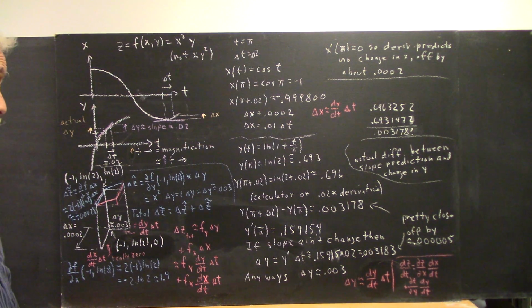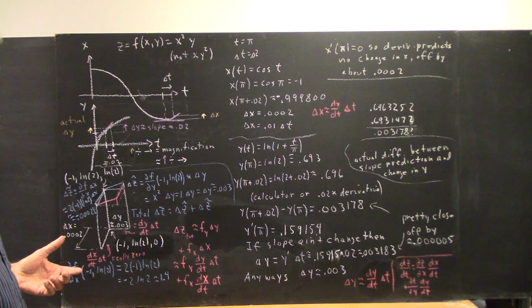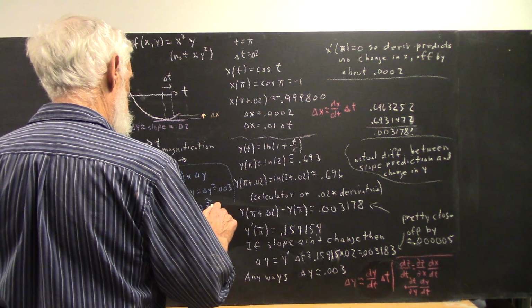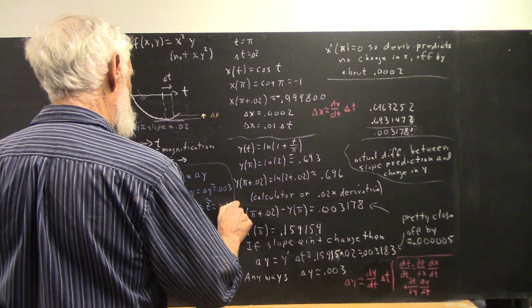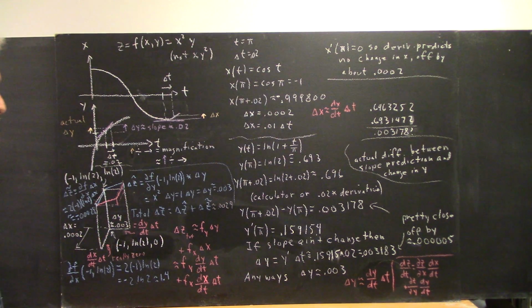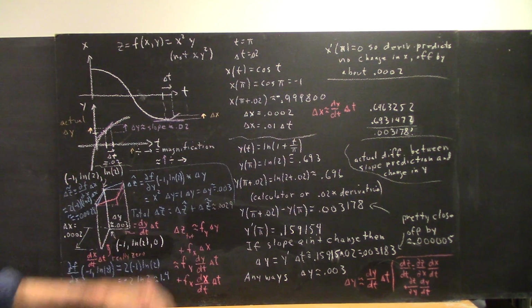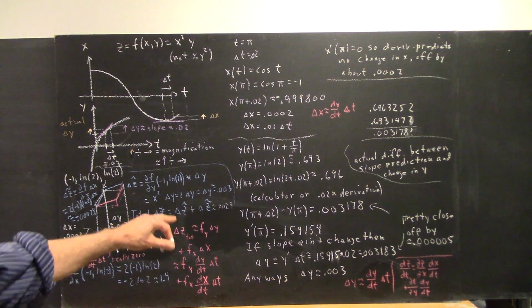We end up with a change of approximately 0.00, it'll actually be about 0.0029 if we do this all to the appropriate accuracy. Now we want to look at uncertainties in these calculations and how they might affect our estimate and how they might affect our confidence in this approximation.